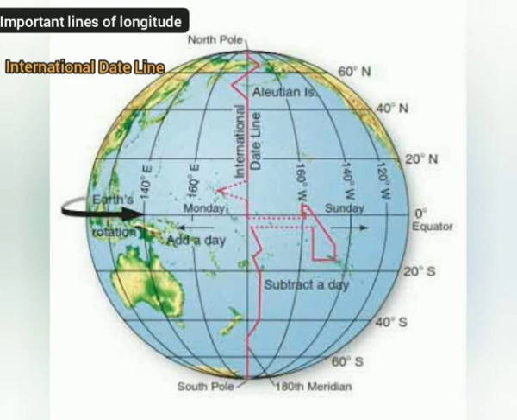For example, if it is October 21st to the west of the international date line, then it will be October 22nd to the east of the international date line. Thus, the international date line is the only reference line where the whole world's calendar date changes. By this, we came to know the lines of longitude.